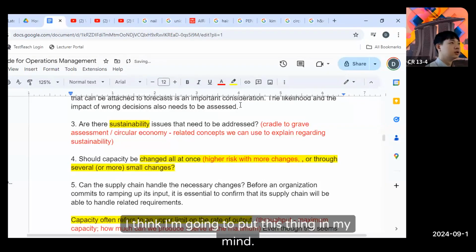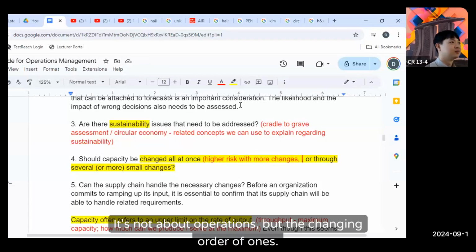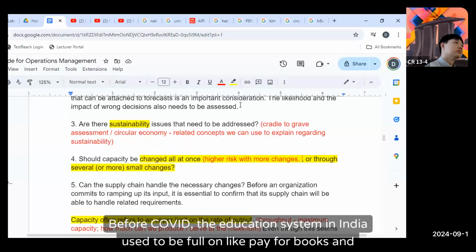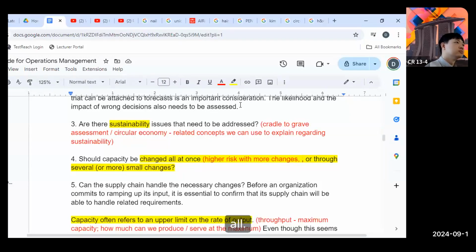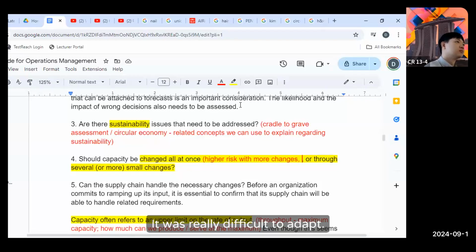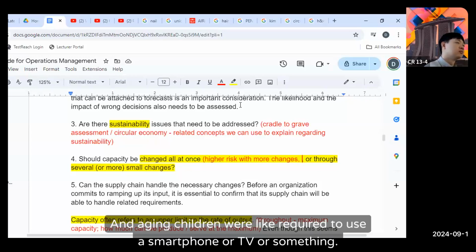I relate this to a change in my mind. It's not about operations, but changing all at once. Before COVID in India, the education system used to be full of paper and books. When COVID came, suddenly we changed to online classes. It was really difficult to adapt, and every child was required to use a smartphone or TV.